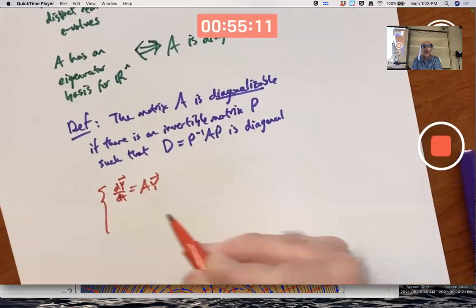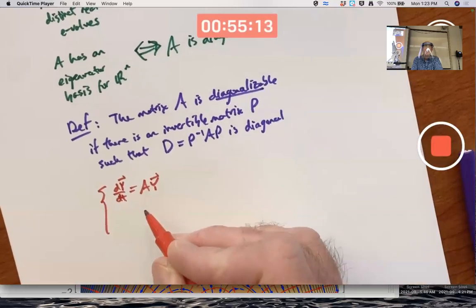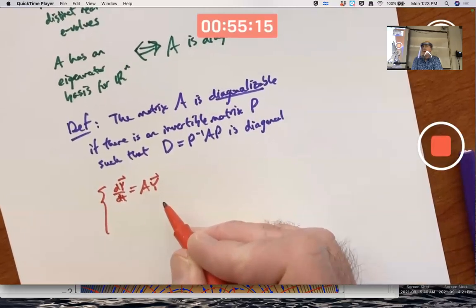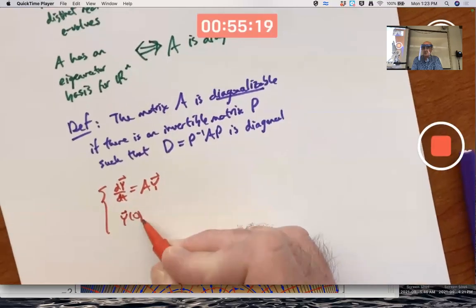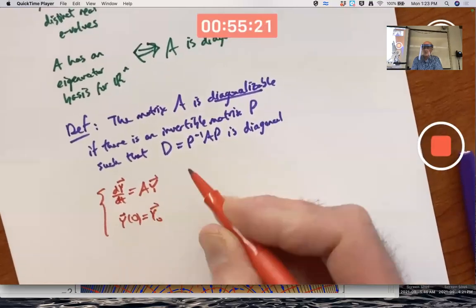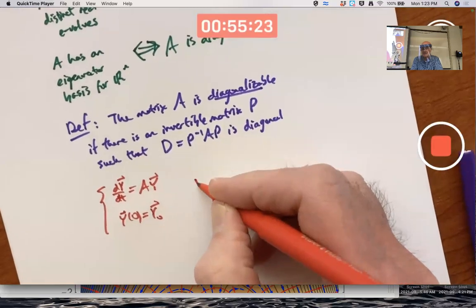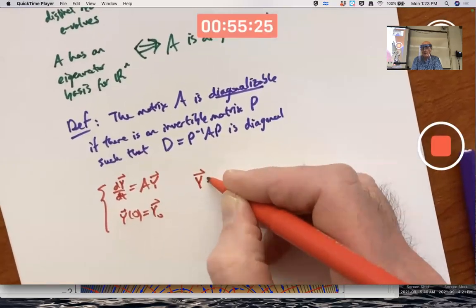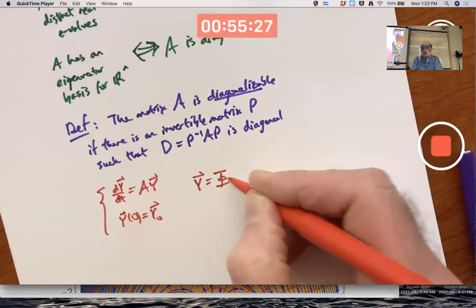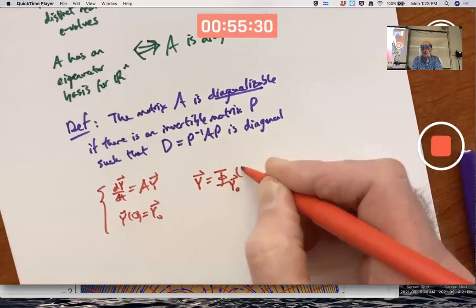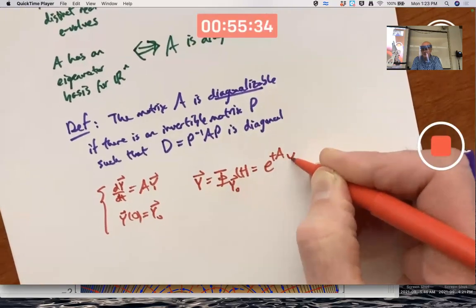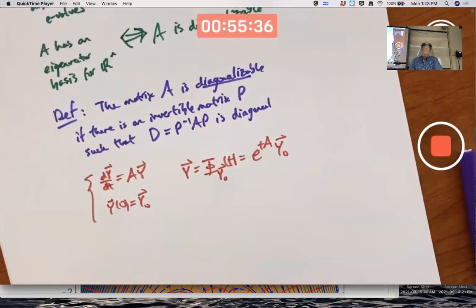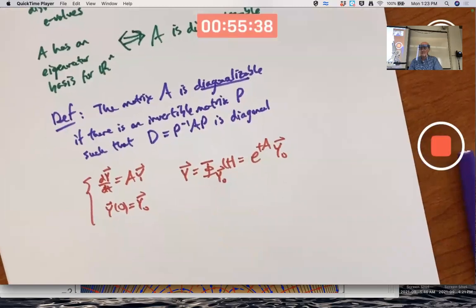Go ahead and pretend that's an n-dimensional system. A is an n by n matrix, y is a vector in Rn, and y(0) equals y0. We know the beautiful generalization says the unique solution of this, which I typically call capital Phi sub y0 of t, is the matrix exponential e to the tA times y0. That's your unique solution.